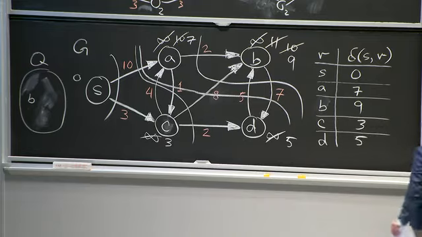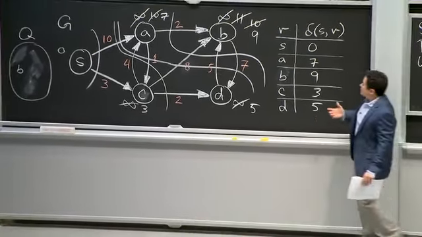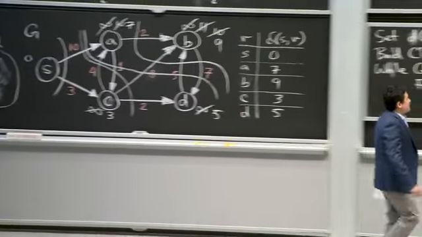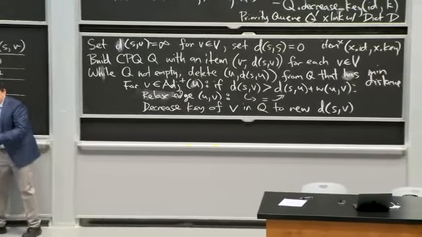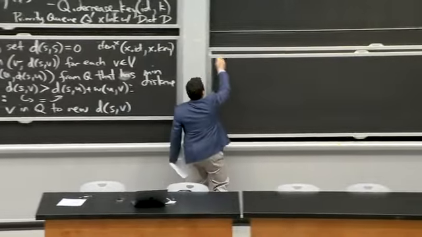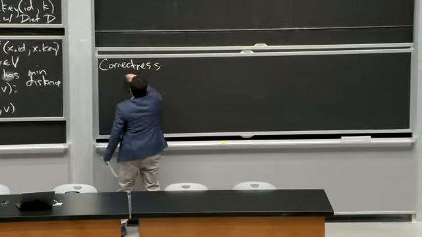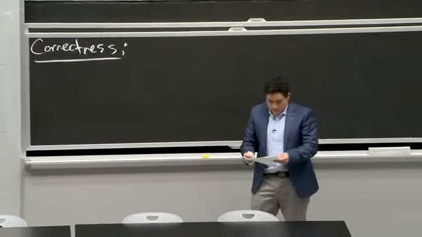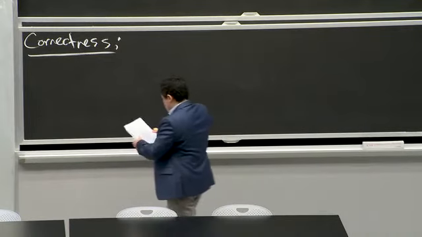It seems like these are the shortest path distances, but how do we prove that? Did it do the right thing? Well, let's find out. So that's what we're going to spend some time on right now. It's talking about the correctness of Dijkstra's algorithm. Okay, correctness follows from kind of two main observations.